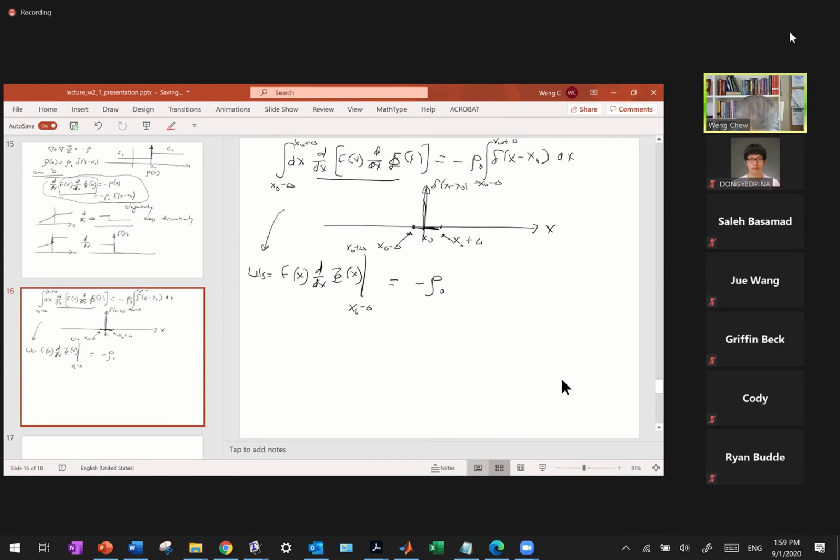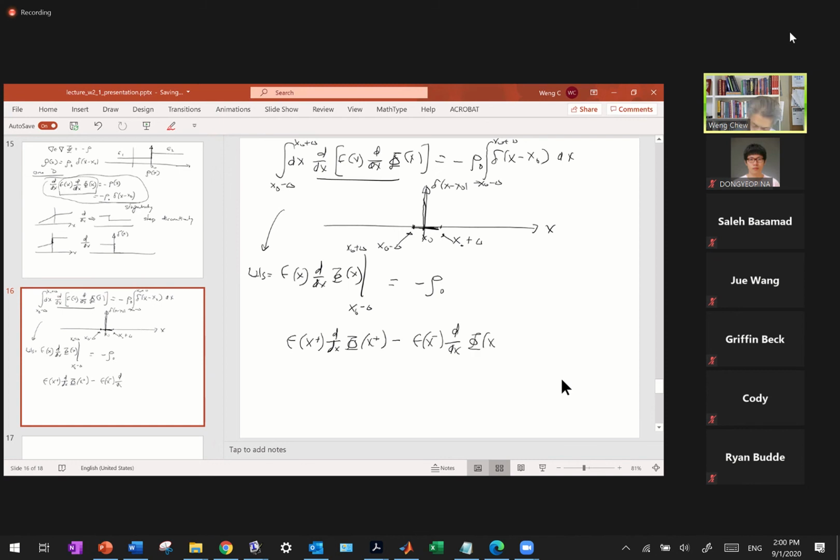Okay, so what I have then is that I evaluate the left hand side. And it was that jump discontinuity that contributes to the delta function on the right hand side. So if I evaluate the left hand side, I can write as epsilon x plus d dx phi of x plus minus epsilon x minus d dx of phi of x minus.